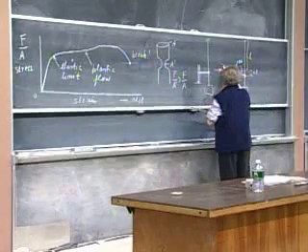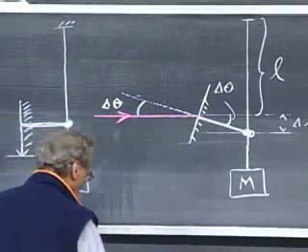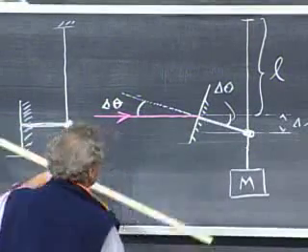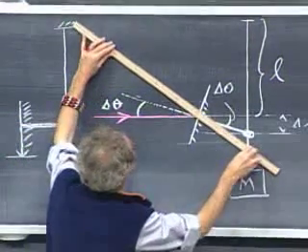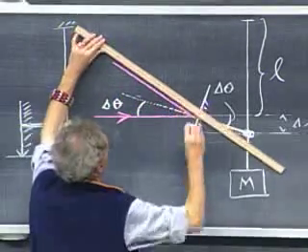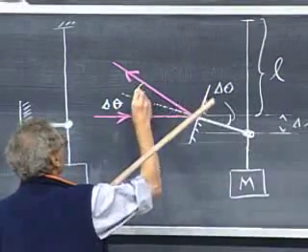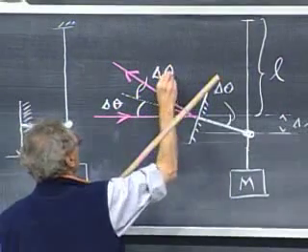So this angle here is delta theta. The laser beam bounces off and returns like so. And this angle, of course, is also delta theta. That's the property of a mirror.